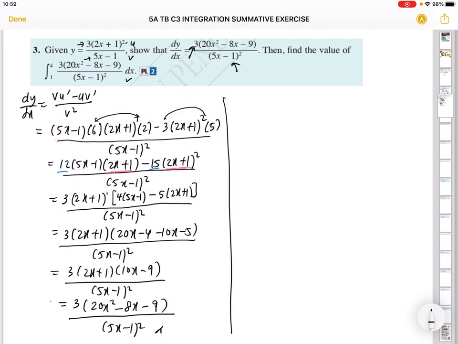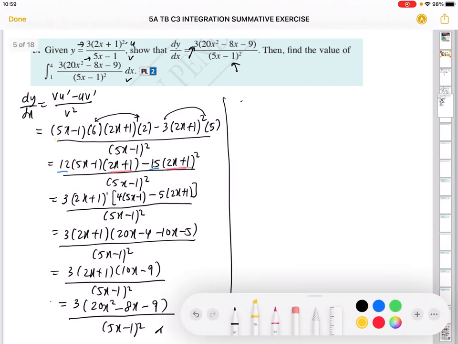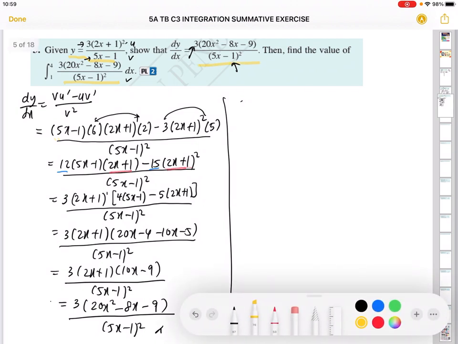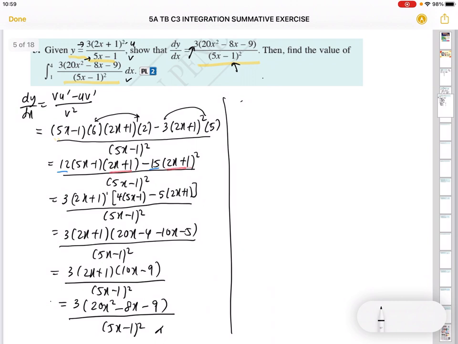The second part, we're going to use the result to integrate this. When I differentiate this function y here, I will get this one. So when I integrate, I'm actually getting the reverse. You can see the functions are identical, so there's no need for you to use any formula for integration.